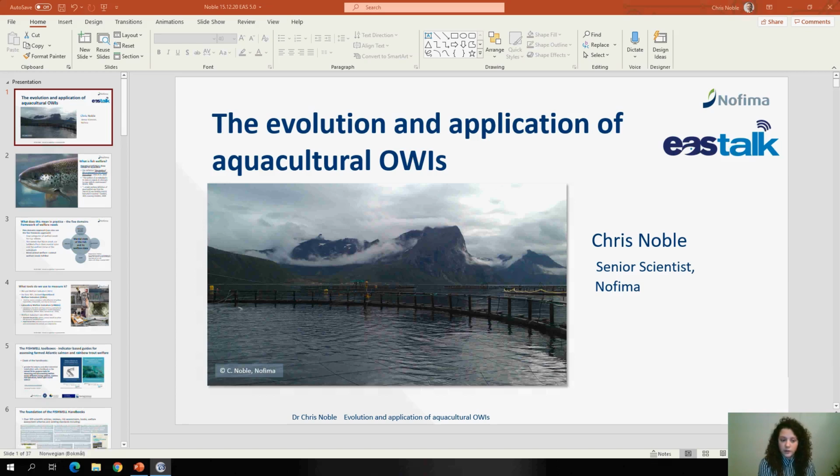He will give an overview of the tools we have, how they are being developed, refined, and improved, and how they can be used in differing aquaculture situations. The digitalization of operational welfare indicators and the application and evolution of welfare indicator toolboxes will also be covered.